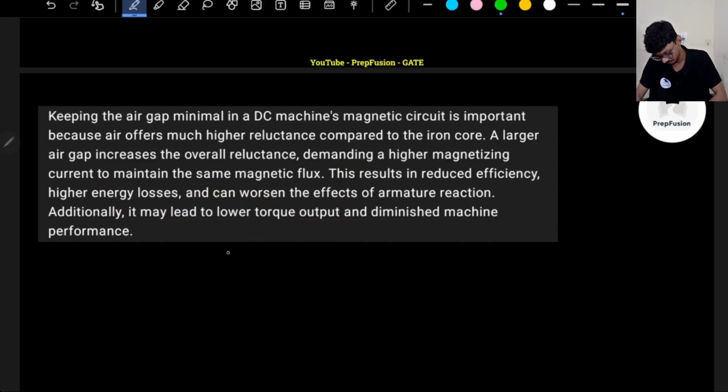But why is it important to provide the air gap? It is important for mechanical reasons.